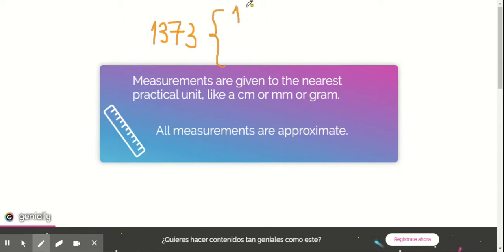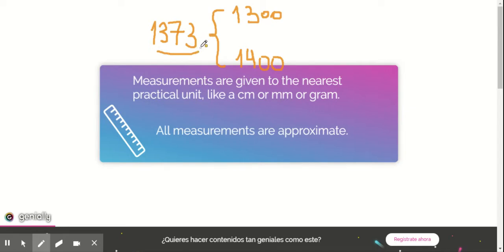One limit is going to be 1,300, and the other limit would be 1,400. Somewhere between these two numbers, you are going to find the measurement.